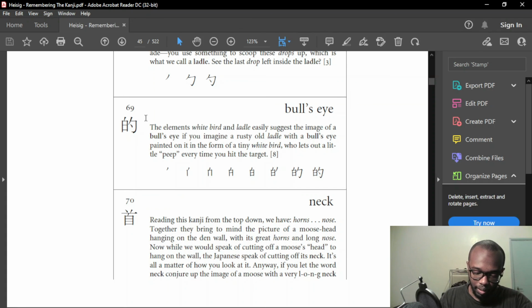These stories will make learning kanji way more fun than rote memorization. It never works. So using a white ladle to hit a charging bull in the eye. Bullseye.